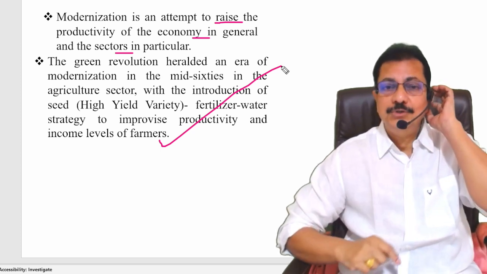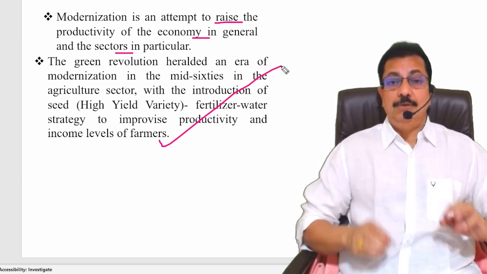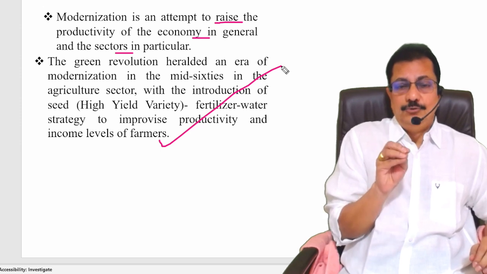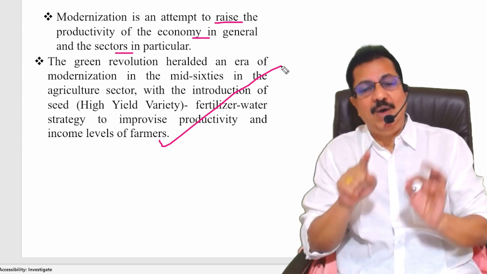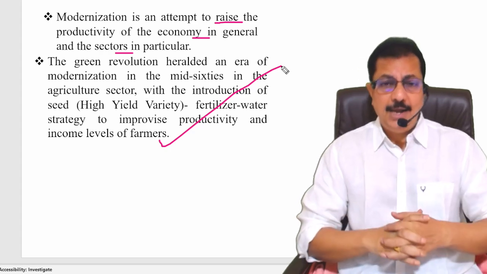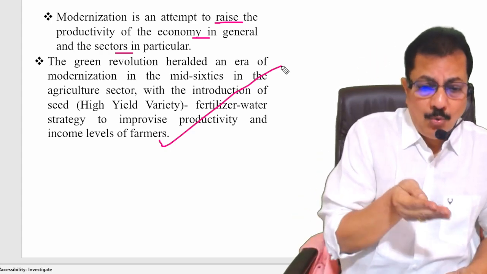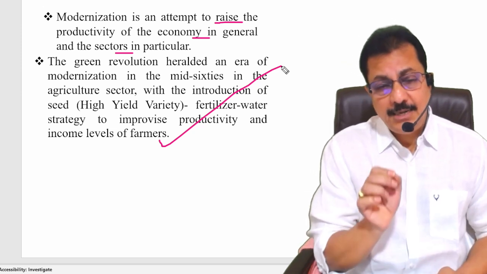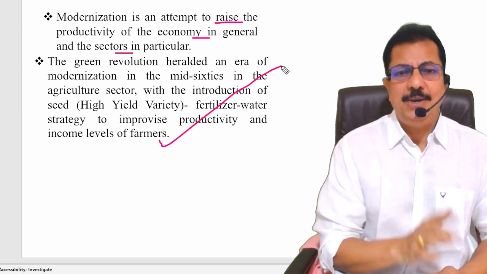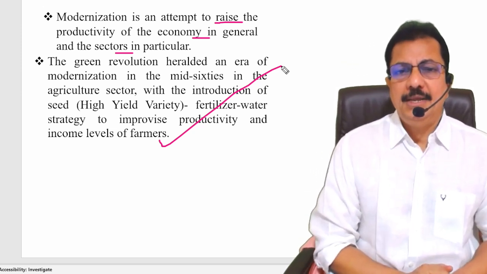Green Revolution was introduced in India, and we started using high yielding variety seeds, HYV seeds, and we started using more water and more fertilizers.